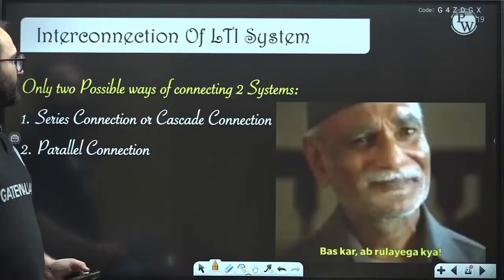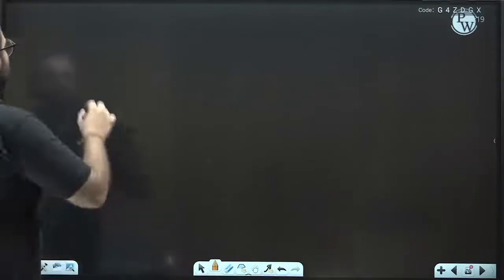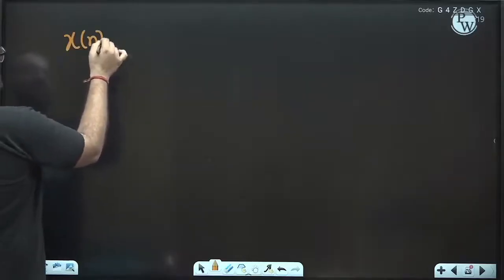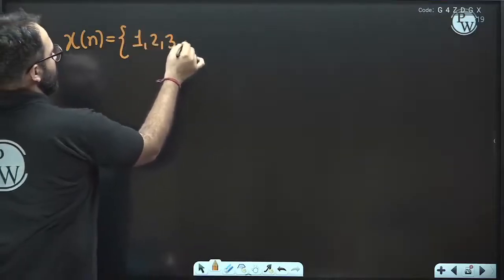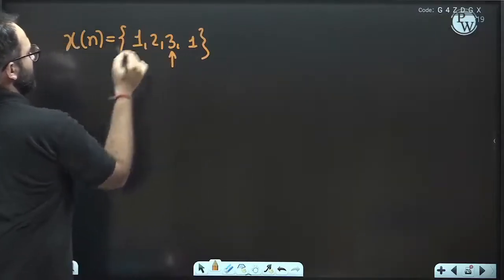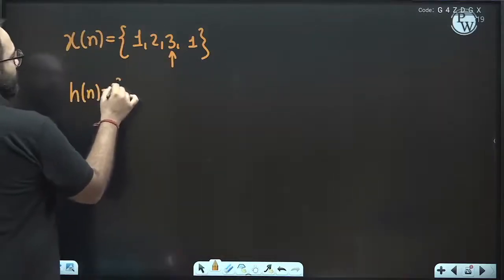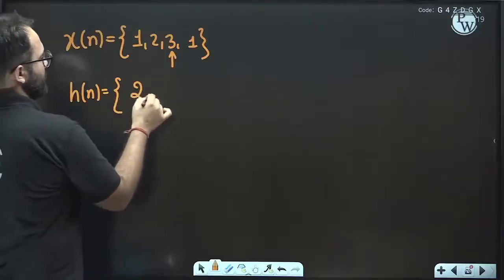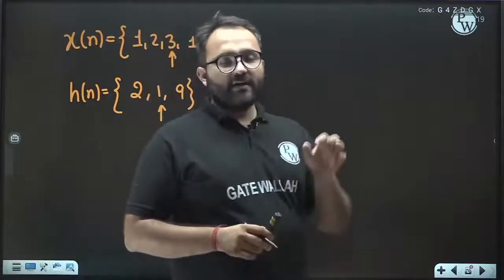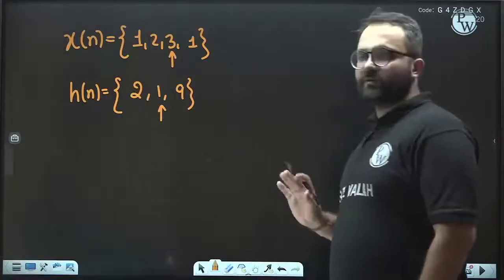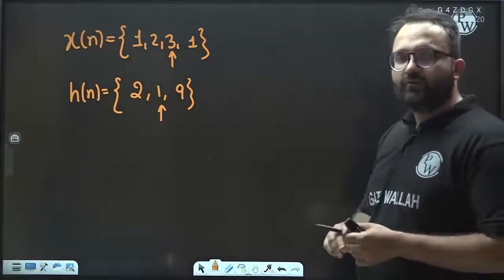Now one more point here. Suppose the same question, but x[n] is equal to 1, 2, 3, 1 and the 0 location is here, and h[n] is equal to 2, 1, 9. The result will not change. Irrespective of the 0 location, you have to follow the same steps: reverse, multiply and add to get y[n].